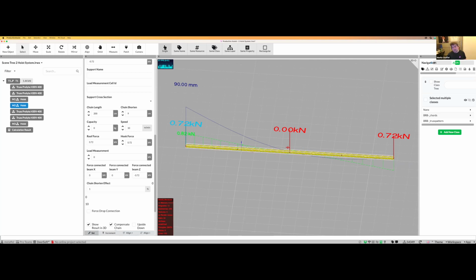So depending on the actual leveling of the truss, you can really distribute the loads from the left to the right and the other way around. Same thing here: when I reset this and move up the middle hoist a little bit, I take load out of the left points and move it to the other points.